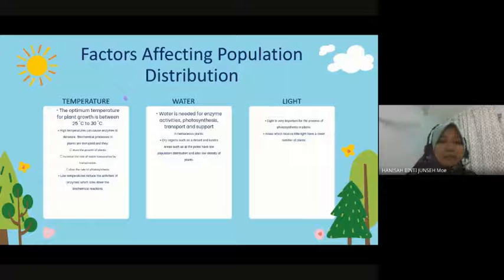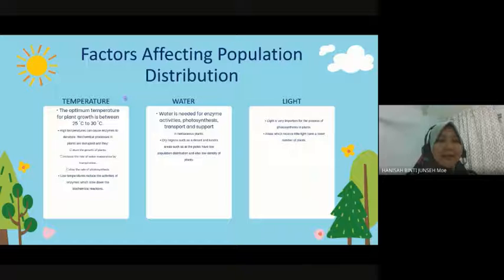And again, it's a chain reaction. It starts with high temperature, which will cause the enzyme to denature. After the enzyme is denatured, it will cause the biochemical reactions in plants to be disrupted, and then the growth of the plants will be stunted.